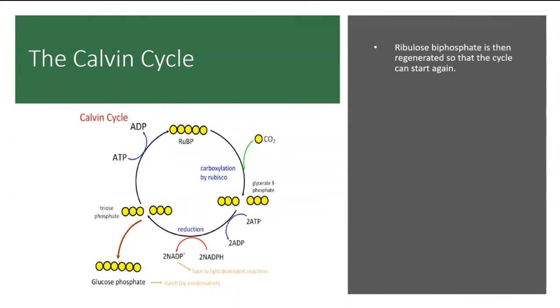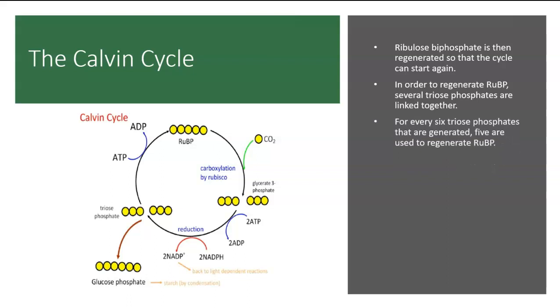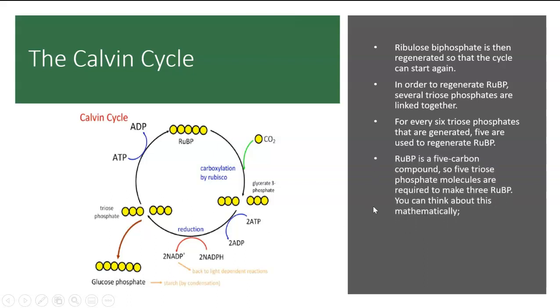Ribulose bisphosphate is then regenerated so that the cycle can restart again. In order to regenerate the RuBP, several triose phosphates are linked together. For every 6 triose phosphate that are generated, 5 are used to regenerate the RuBP. So we've got your triose phosphates over here. RuBP is a 5-carbon compound, so 5 triose phosphate molecules are required to make 3 RuBPs.